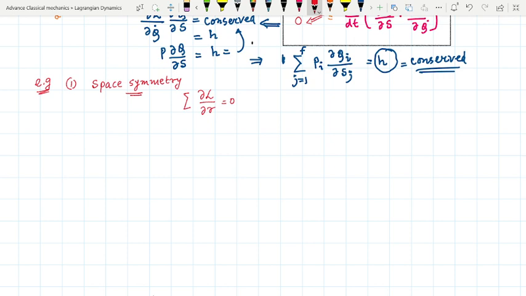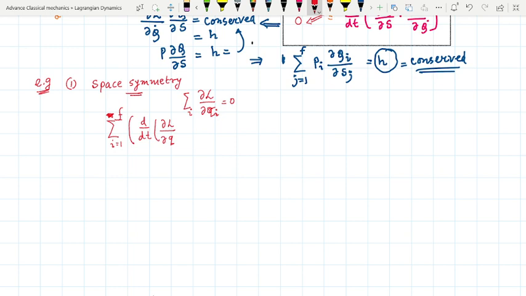For all the system of particles, now from the Euler-Lagrange equation, sum over i equal to 1 to f, d/dt of ∂L/∂q̇_i minus ∂L/∂q_i is 0. This is not n, this is degrees of freedom.